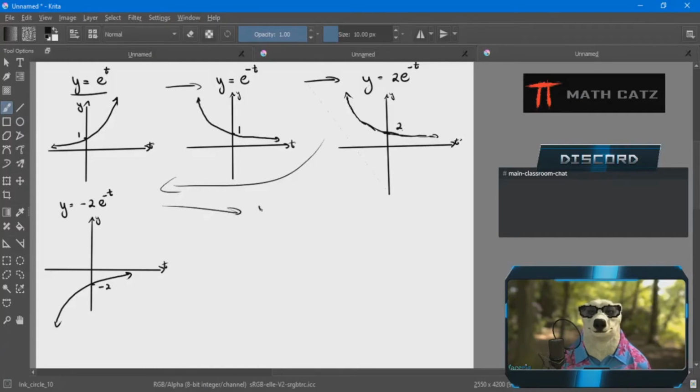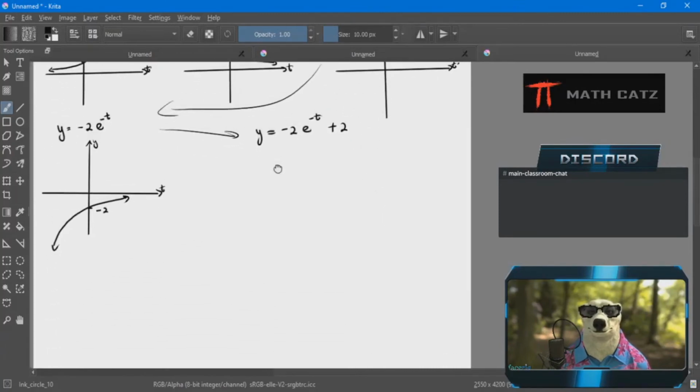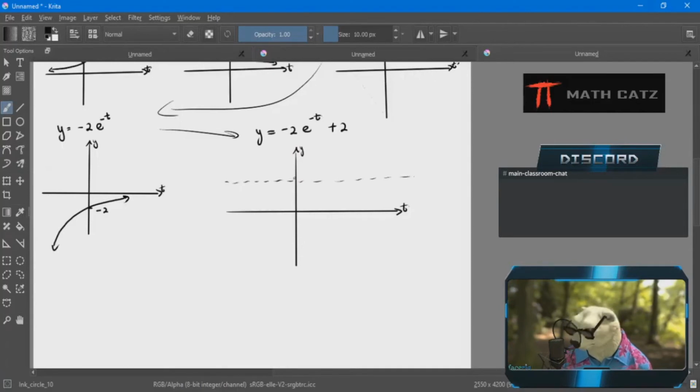Then I am done by simply adding 2 to the end, and that gives us the same original function. What happens to my previous graph? It's a vertical shift up, and now this horizontal asymptote becomes visible at 2.